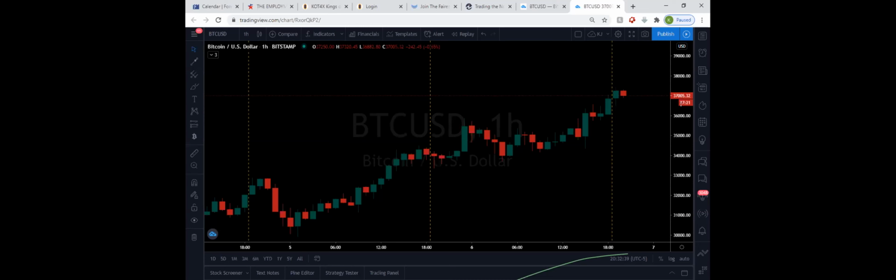This timer that you see is telling me how much time is left before that candlestick closes and another one starts. So this candlestick right now, this red one that you see, is 32 minutes worth of information because it's 8:32 Eastern time. So if we look to the left, we see this green candlestick.